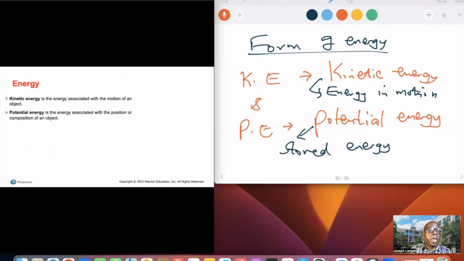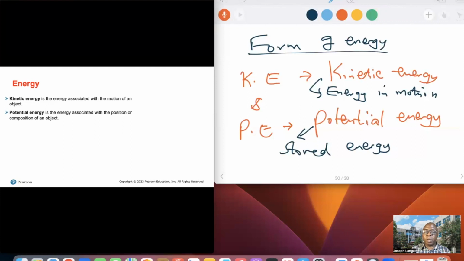Potential energy is the energy associated with position or composition. Position, what I mean by that is if I hold my calculator, it has some potential energy. If I release it, the potential energy will be converted to kinetic energy, energy in motion, as it drops.